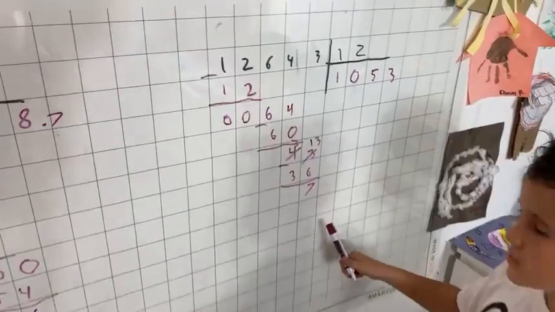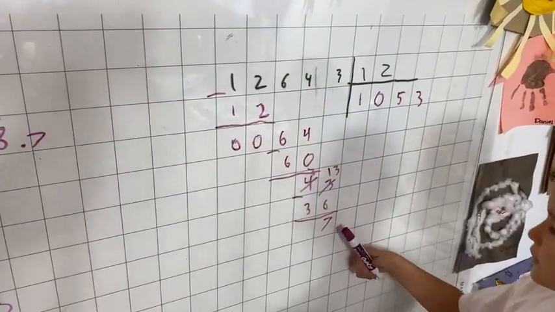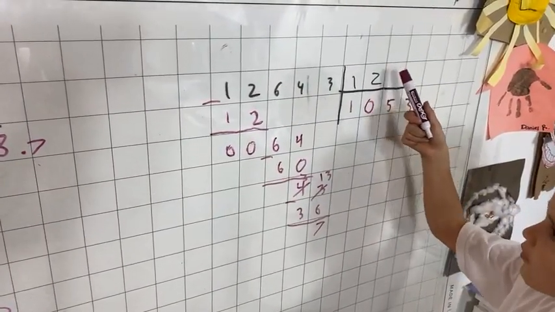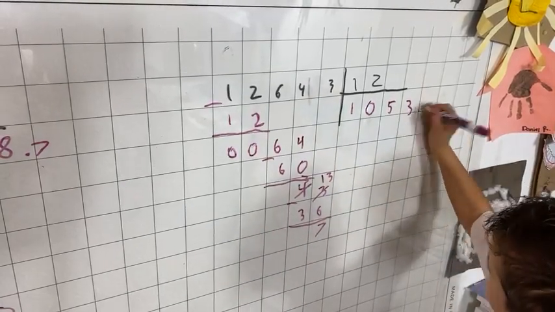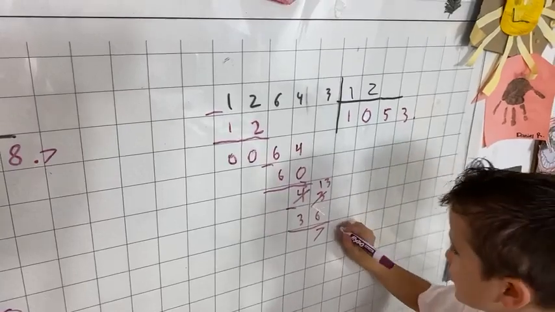So now 7, you can't put in the 12 and all our whole numbers are gone. So now it's time to put up the point here, and we're entering the fraction.